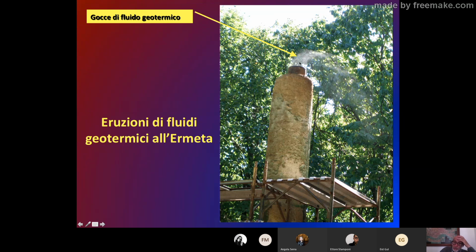But now there are times in which there is a large flow of CO2, H2S, and also geothermal droplets out of this well. So the geothermal fluids are very close to the surface. This well here is only a few tens of meters deep into the ground.